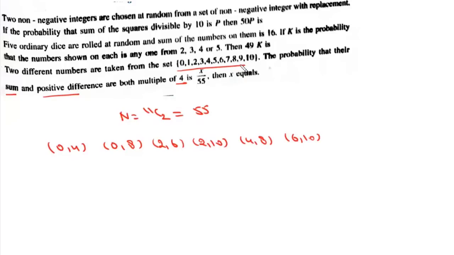And the same way 9 minus 1 is, 9 plus 1 is not. And if we look at 7 and 3, sum is not multiple of 4. 9 minus 3 is not a multiple of 4. 5 and 9, sum is not a multiple of 4. So we do not have any option for odd numbers. So this required probability is this 6 upon n, which is 6 by 55. So here the value of x is simply 6.